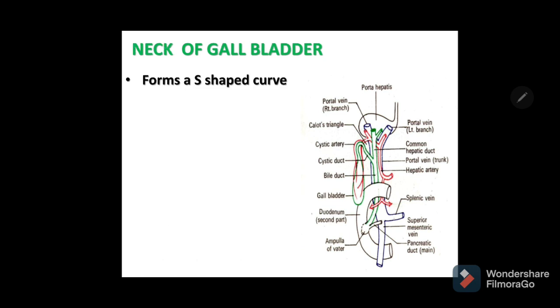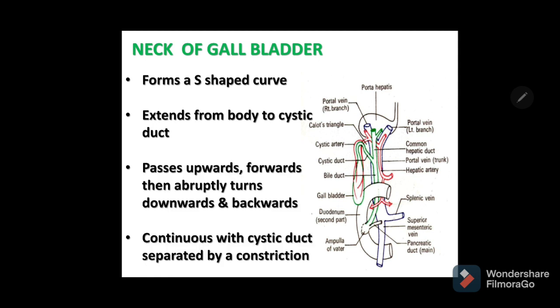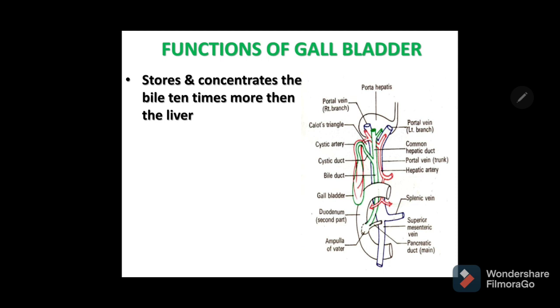Neck of the gallbladder forms an S-shaped curve, extends from body to cystic duct, passes upwards and forwards, then abruptly downwards and backwards, and continues with the cystic duct, separated by a constriction. Then coming to the functions of the gallbladder, why is it important?